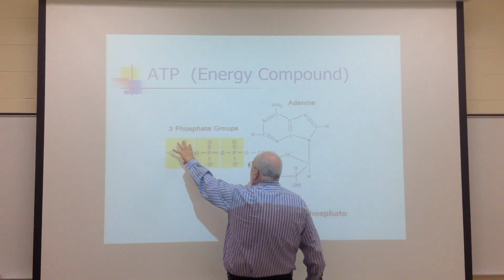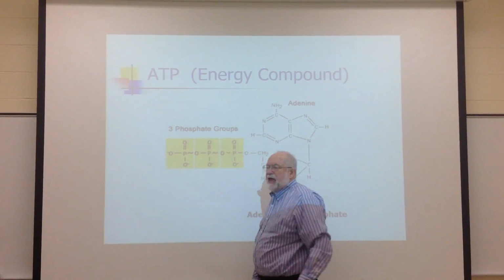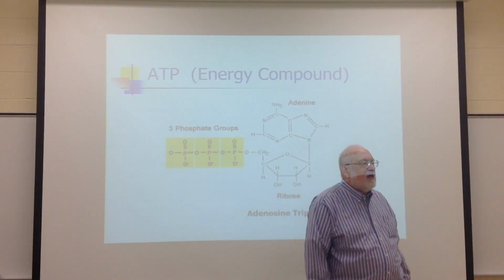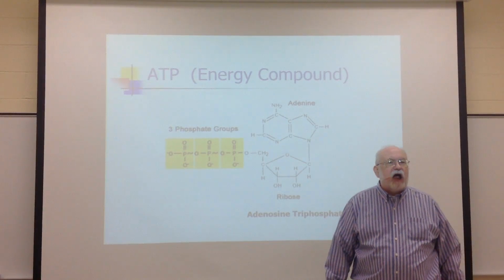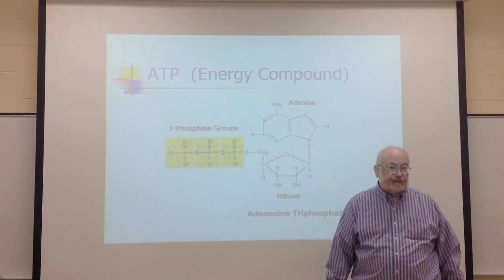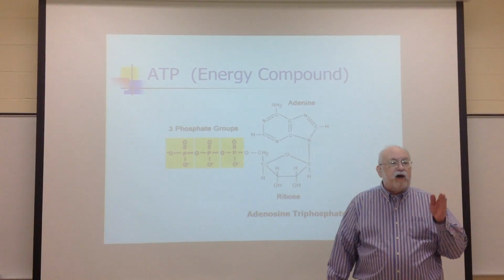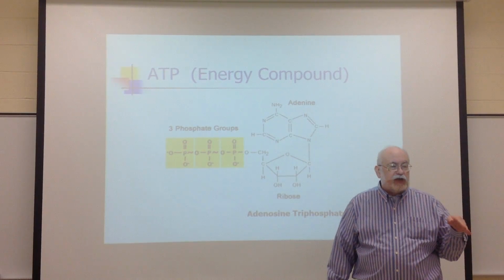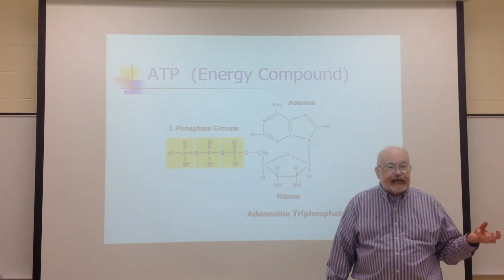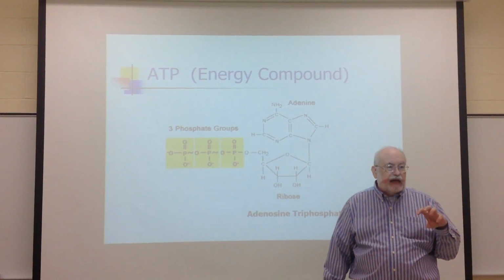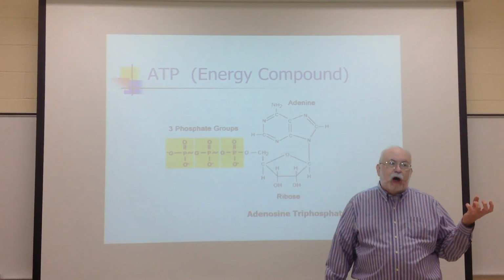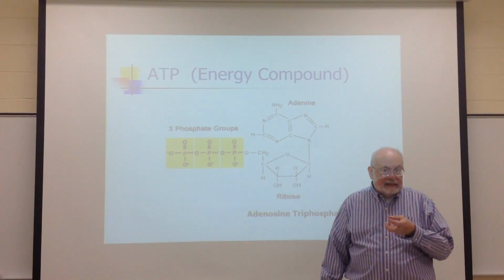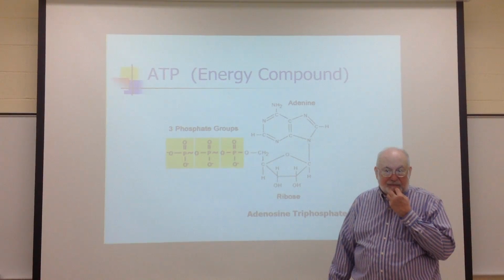You're going to break off one of those phosphate groups. The phosphate bonds are high energy bonds. When you form the phosphate bonds, you store energy. When you break them off, you release it. And typically, we're only breaking off one of them, as we'll see when we get to metabolism.